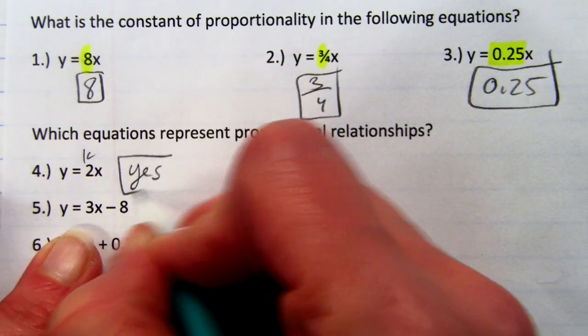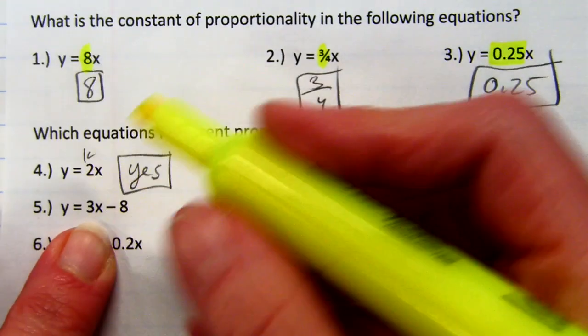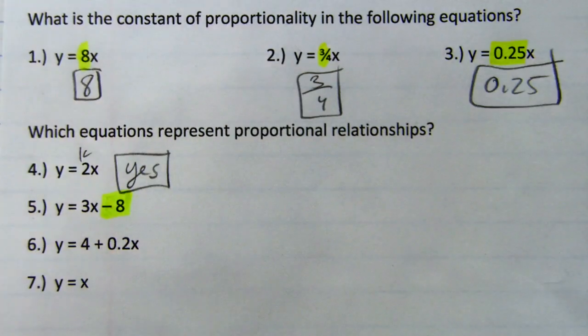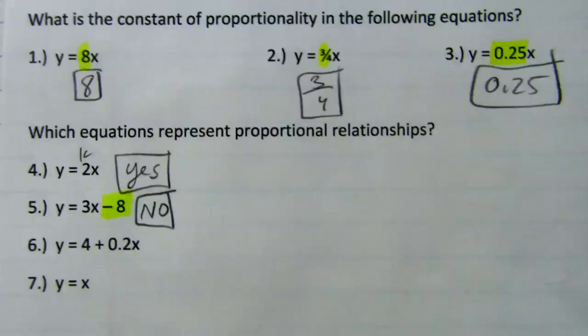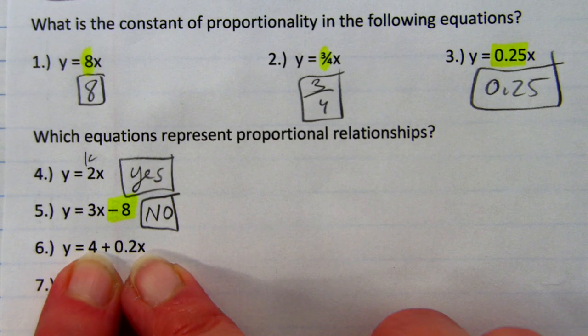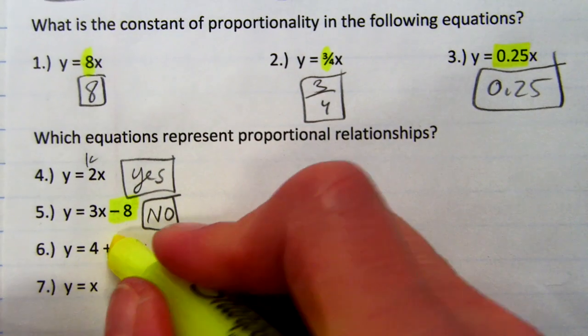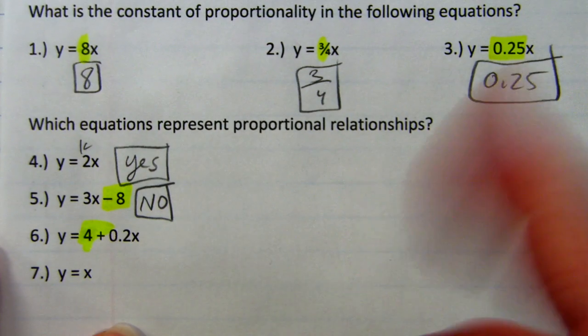So this one I could say yes. Now number 5, they've got it times 3, but then they're also subtracting 8. Subtracting 8 would mess it up and make it not proportional. On number 6, if I just had 0.2x, it would be okay. But they're adding 4 to it. So that means that is also not proportional.